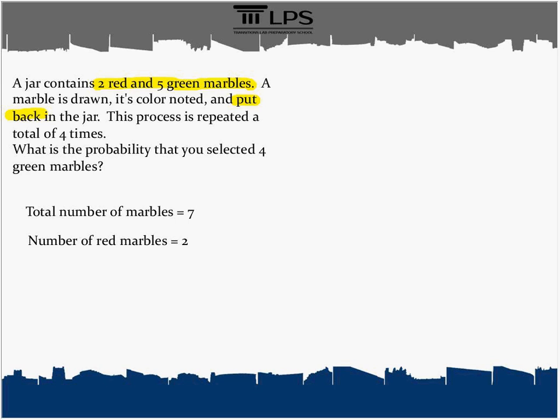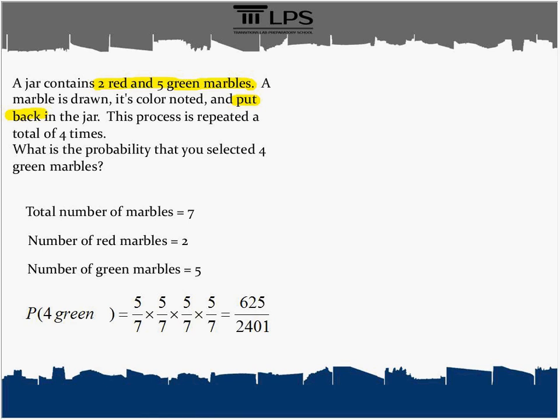The total are 2. The marbles are 5. And that's Ravi. Ravi, where are we?